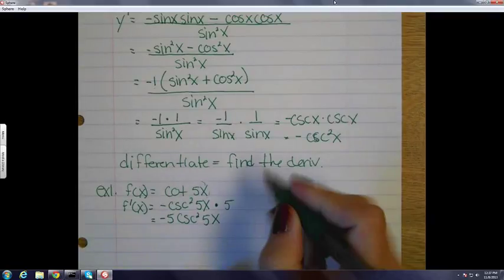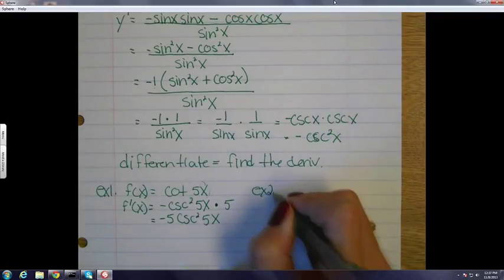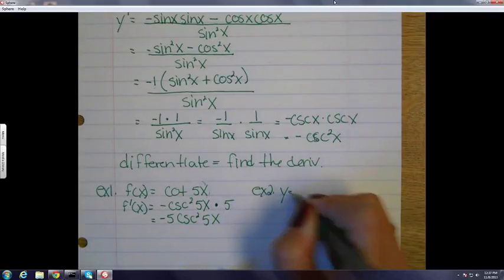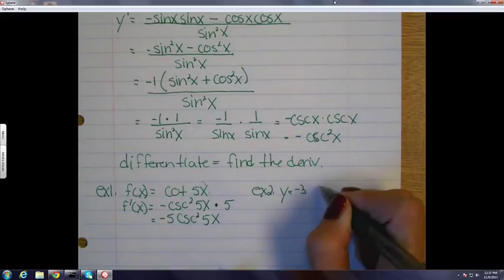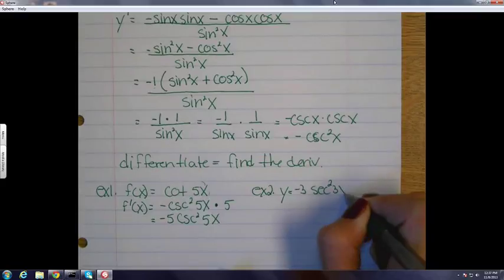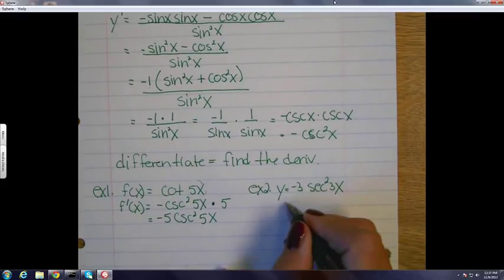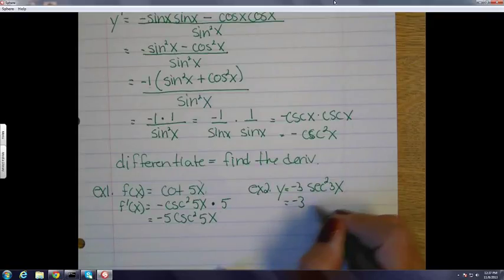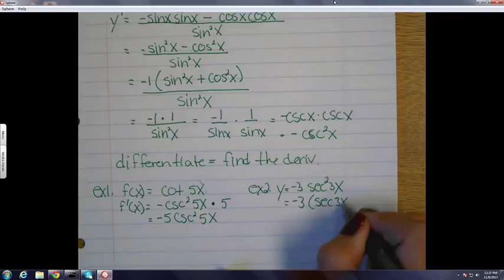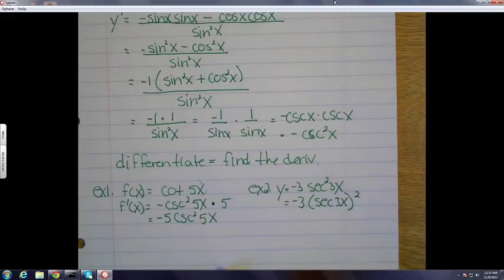Okay, number 2. Y equals negative 3 secant squared 3x. Again, anytime I see that power on the function, I just like to rewrite with parentheses, because it's the trig function that's being squared.